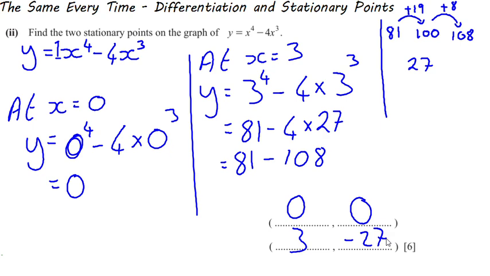2 stationary points. First thing you have to do, dy by dx, differentiate, and then put your dy by dx equals to 0, and then solve to find x. Remember, in that kind of situation that we had, you do not divide by the thing you want to find, you must factorize.